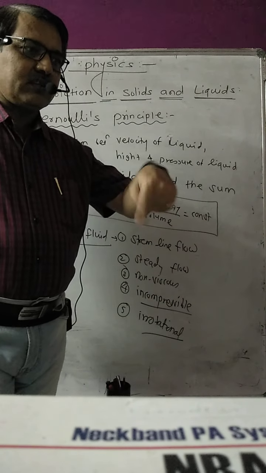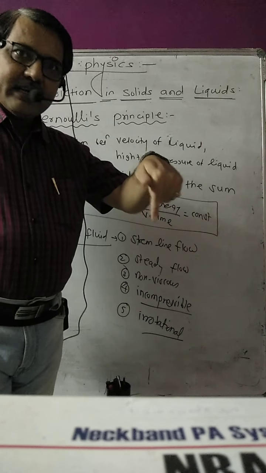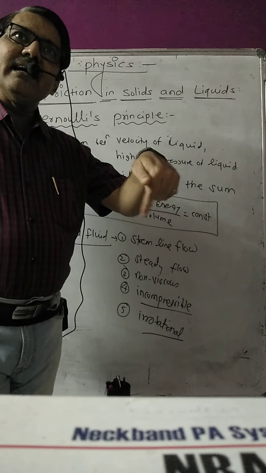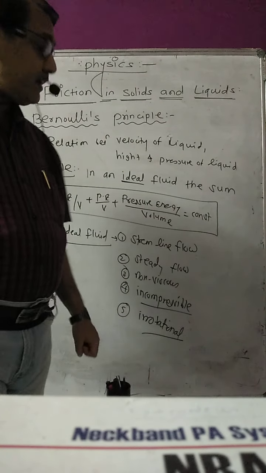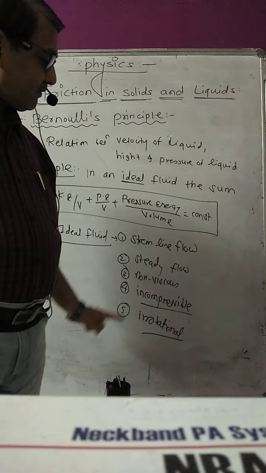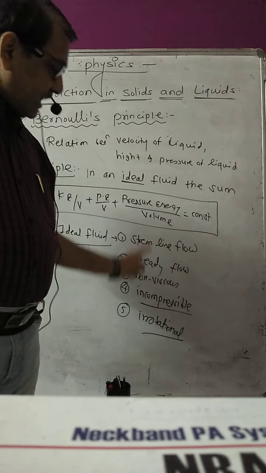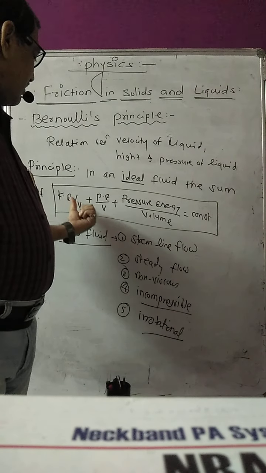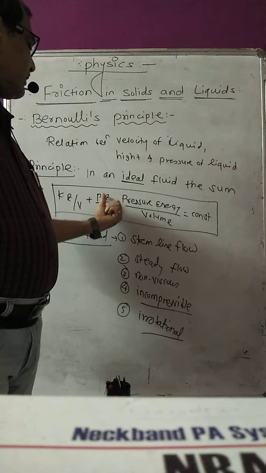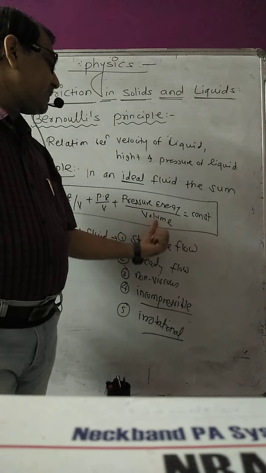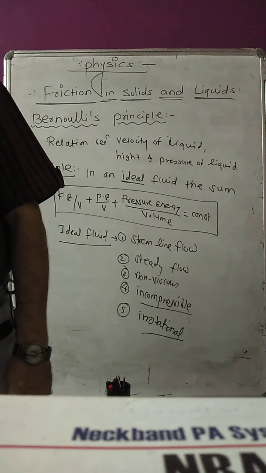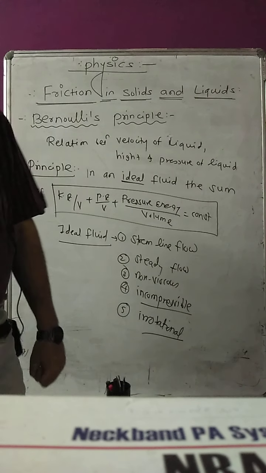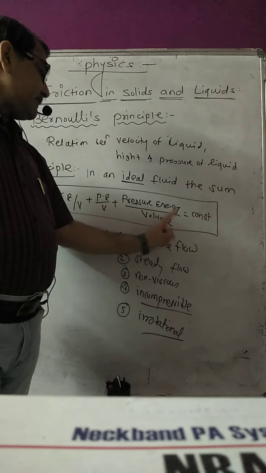Sometimes, like in a cyclone, the liquid flows with rotation about its own axis. This should not happen in the case of an ideal fluid. So for this type of fluid, the sum of kinetic energy per unit volume, potential energy per unit volume and pressure energy per unit volume always remains constant. That is what Bernoulli's principle is all about.